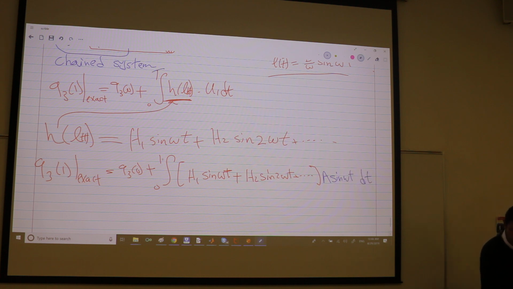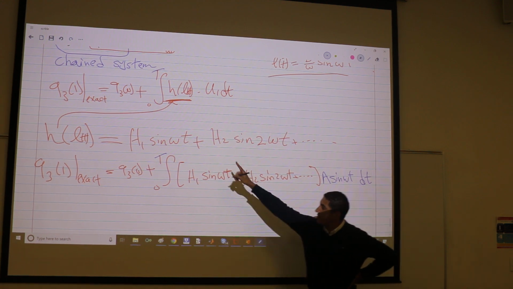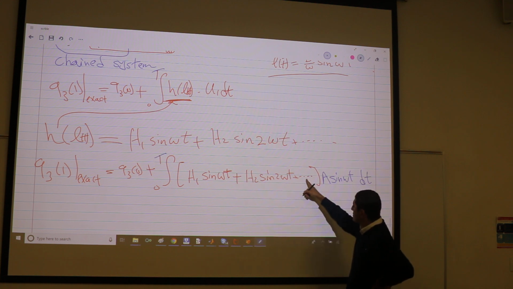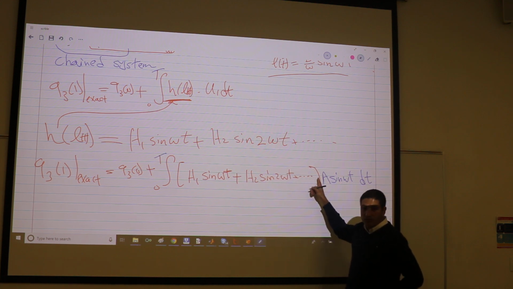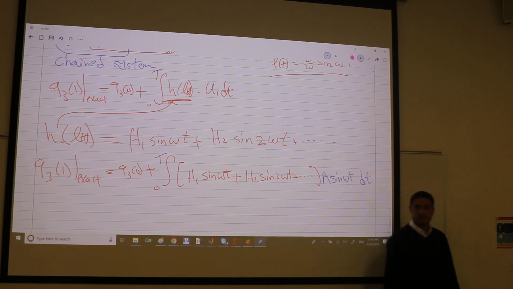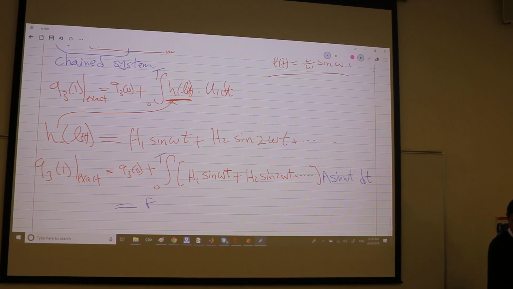This should be over the period. So what do you think? Sine omega t times sine 2 omega t, what's the average of that? 0. Sine omega t times sine 3 omega t, 4 omega t, all zeros, except the linear term that we already picked. So this is already what we have from the theory, coming from the chain system.